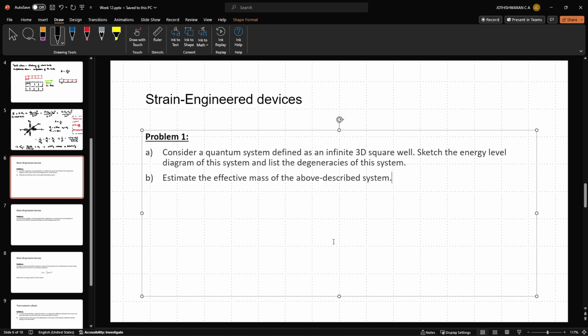So first, what has been given is a quantum system that is defined as an infinite 3D square well. What is an infinite 3D square well?